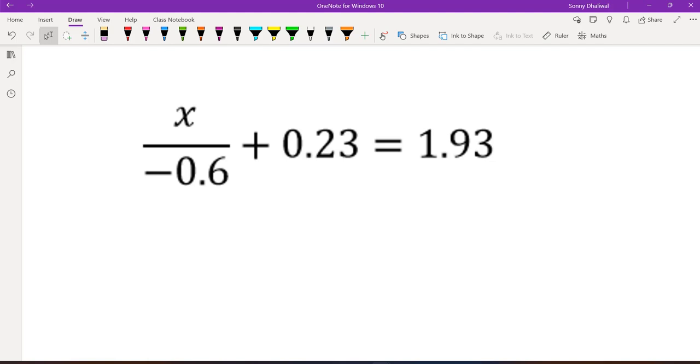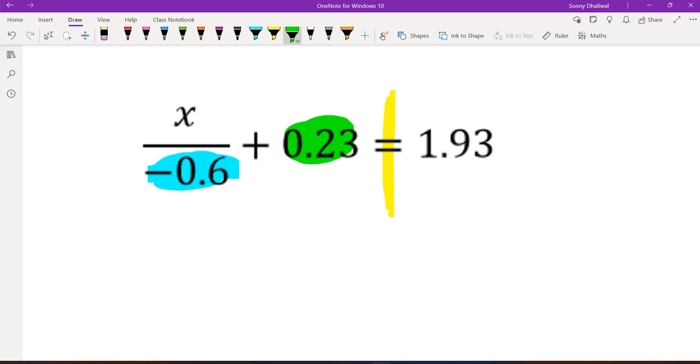Because you don't have to do any kind of common denominators, you don't have to deal with fractions. So just treat them as numbers that we are going to calculate on our calculator. So on the side of the variable, we've got two numbers here. We got the 0.6, which is negative, and we have this 0.23.